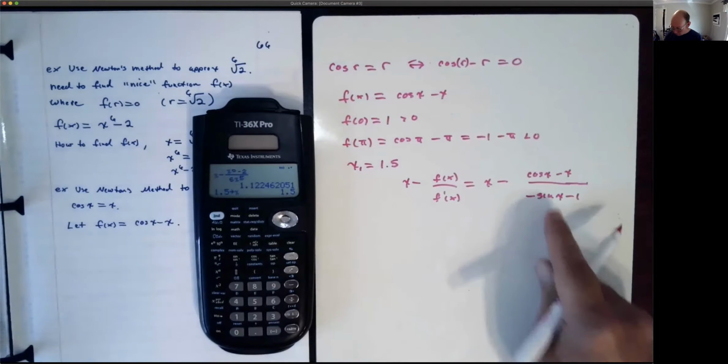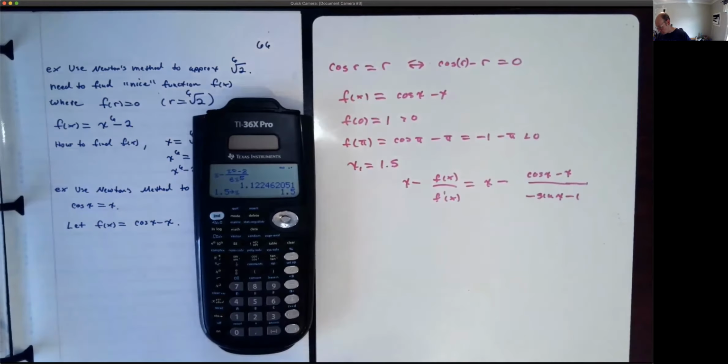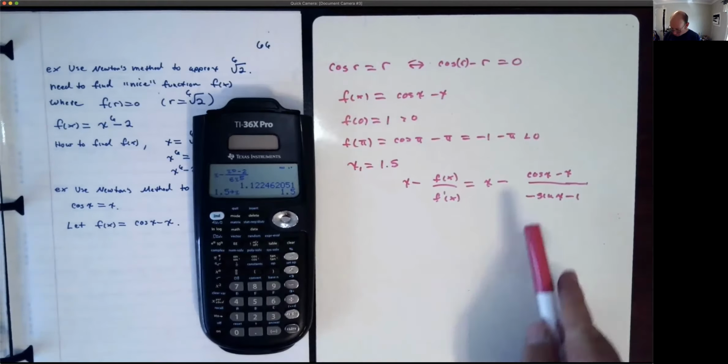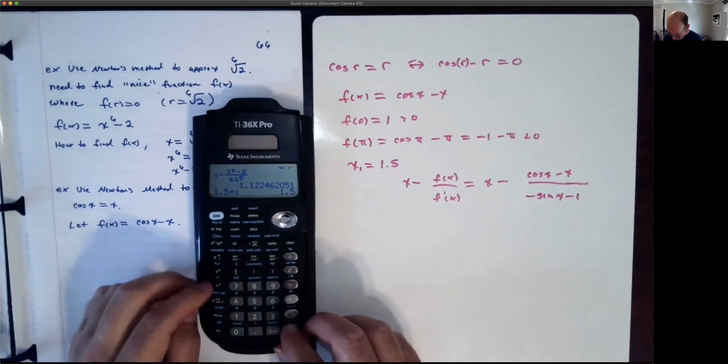So stay away from points where the sine is equal to -1, or you'll get a 0 on the bottom. Okay, so plugging this expression into our calculator.